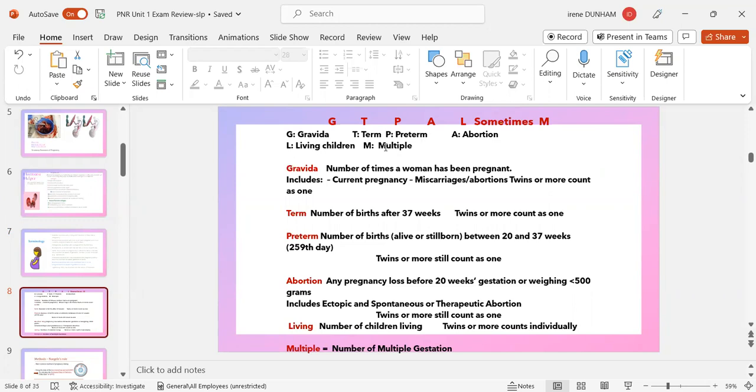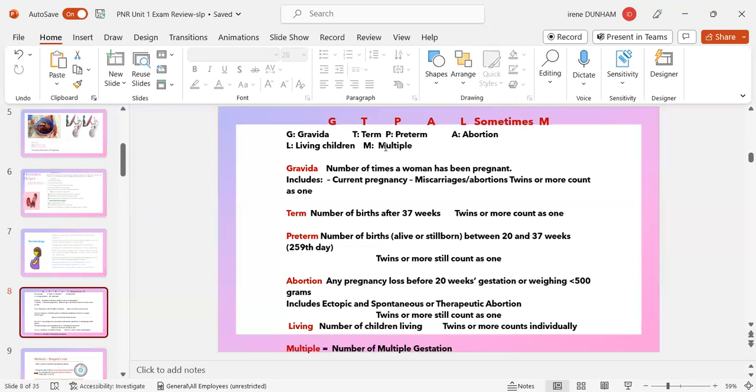Now, term is the number of births after 37 weeks. 37 to 40 is term. Because if she's preterm, that would be the number of births between 20 and 37 weeks. Remember, 20 weeks is your age of viability.